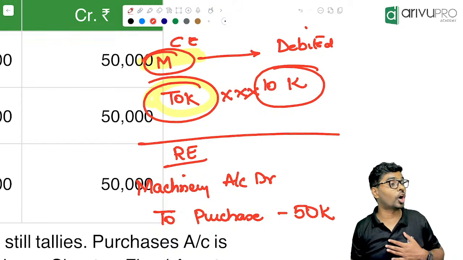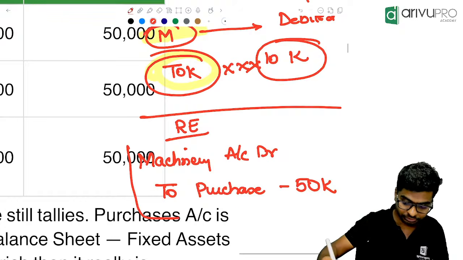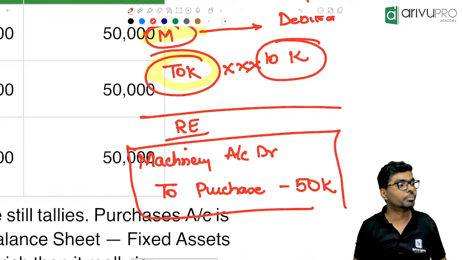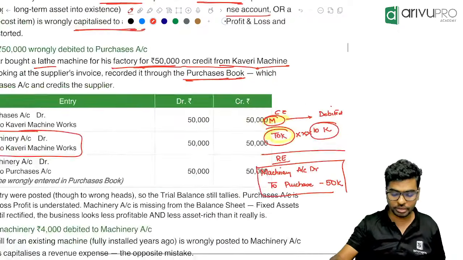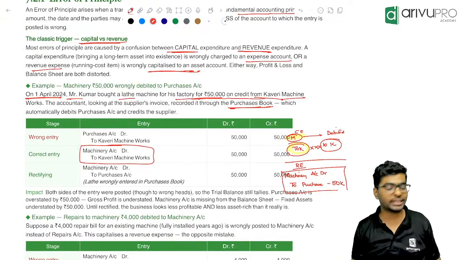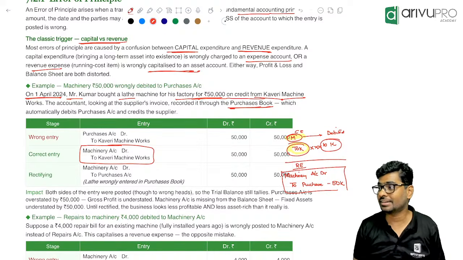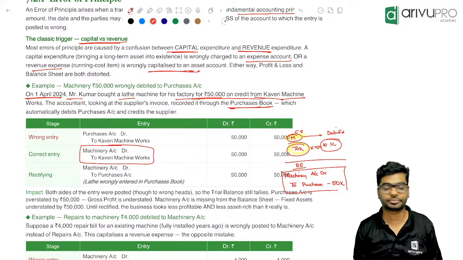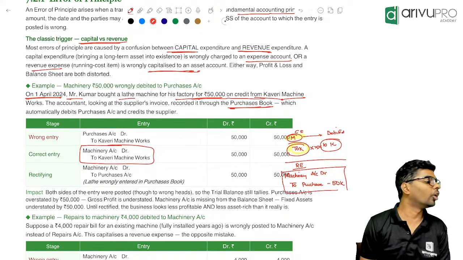Therefore, credit should not be touched. Therefore, my rectified entry will be machinery to purchases. Write this down. Machinery to purchases is my rectified entry. Did you all understand?